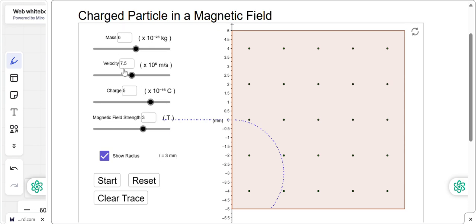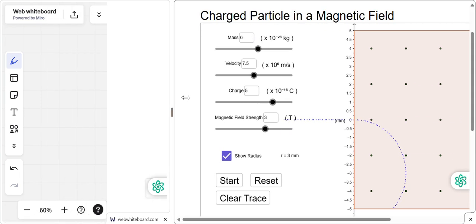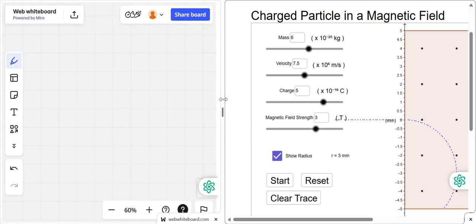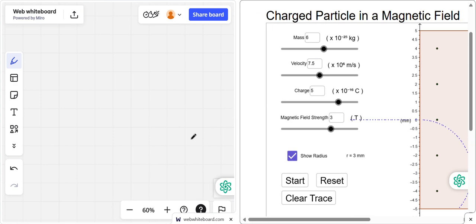Given these values, the radius of this circular path is 3 millimeter. Now let's see how this radius changes if we change these values of mass, velocity, charge, and magnetic field.